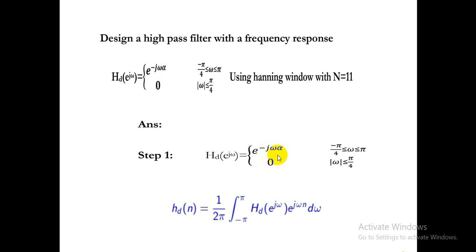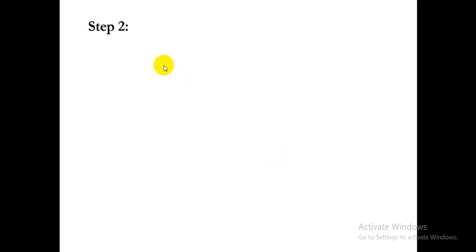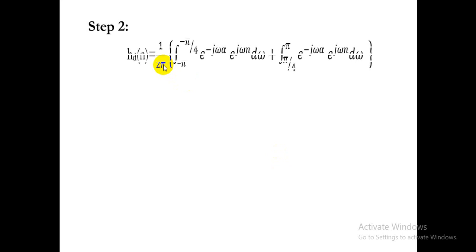It is clear, right? Next, step 2 is, as we have already seen in the procedure, hd(n) equal to 1/2π integral from -π to -π/4 of e^(-jωα), this Hd(e^jω) where it is e^(-jωα), which we are multiplying here with e^(jωn) to get the linear phase.